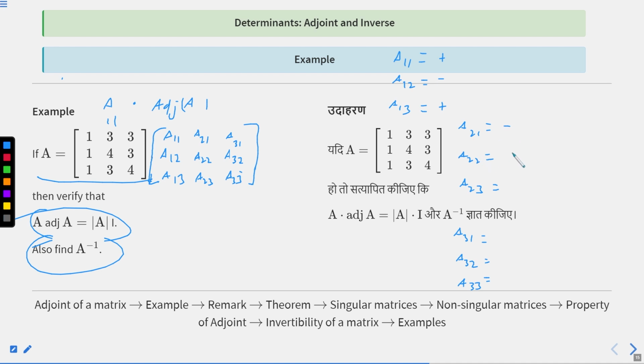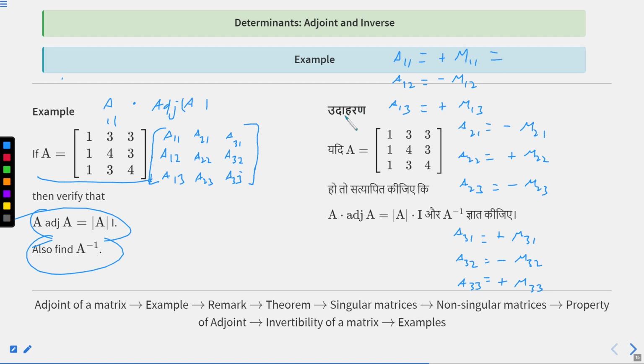So plus, minus, plus, minus, plus, minus, plus, minus, plus. Please do verify also. Then it will be multiplied with the minors of the respective positions 1 3, 2 1, 2 2, 2 3, 3 1, 3 2, 3 3.